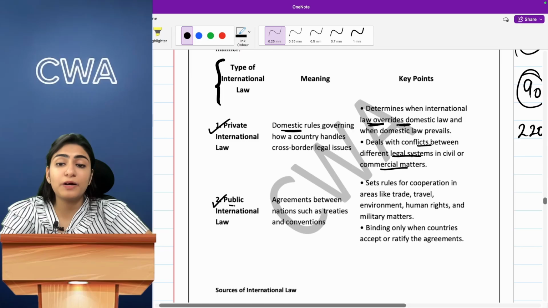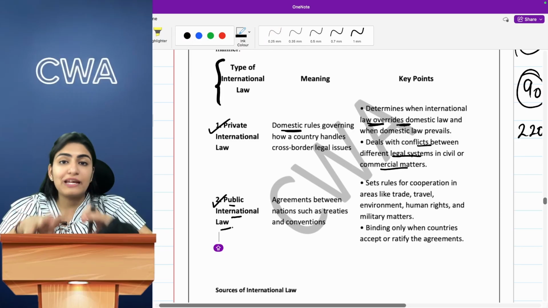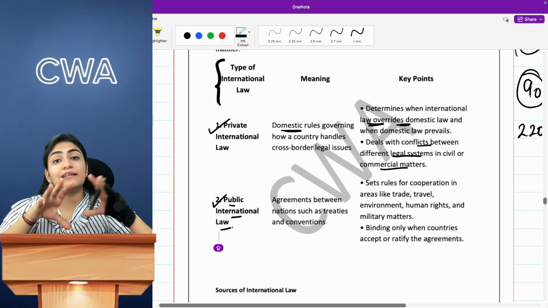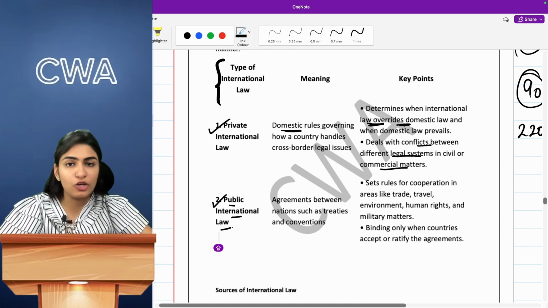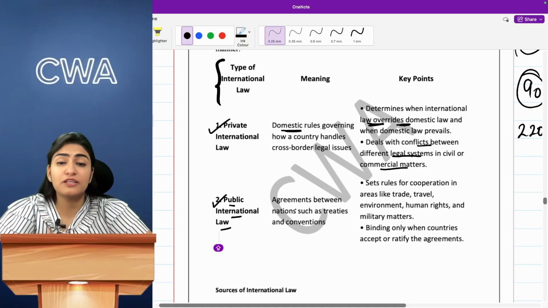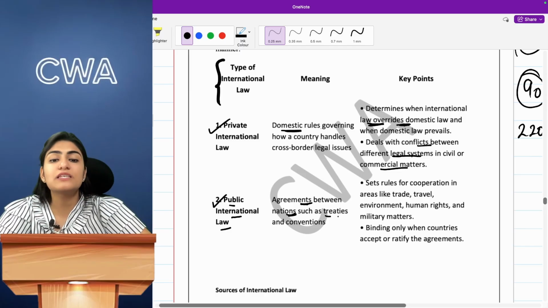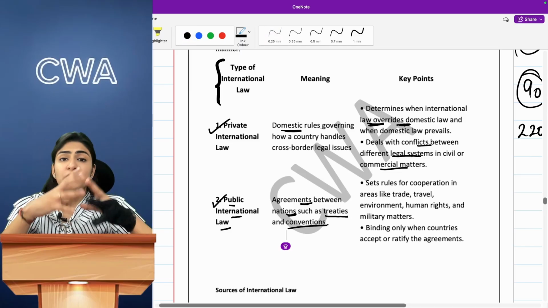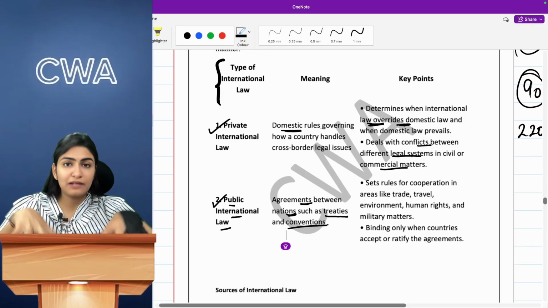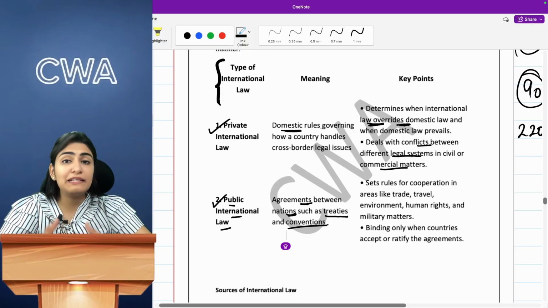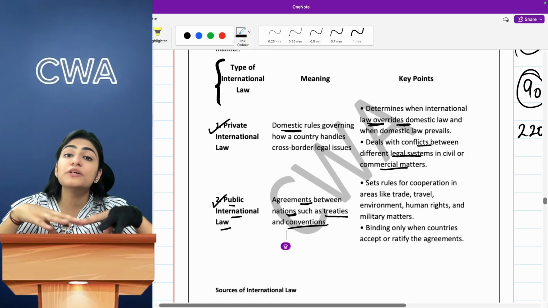Then what do you mean by public international law? This is applicable altogether. Private is applicable only to your country, where your country's law is overridden by your country's international law. However, public international law is agreements between two nations, such as treaties and conventions. That means in the case of private law, your country has made that particular law, but in the case of public international law, two countries sit together and come to a common ground.